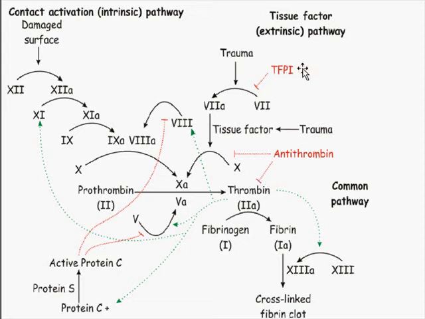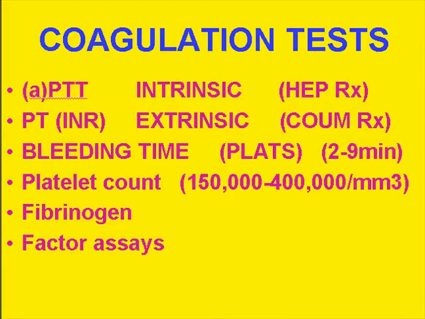TFPI, tissue factor pathway inhibitor, has its main effect on the conversion of factor 7 to activated factor 7. I don't think there's any way to make this chart fun or easy. I guarantee you should really know all the main players. There's a lot more. It could have been a lot harder. We'll come back to it again.